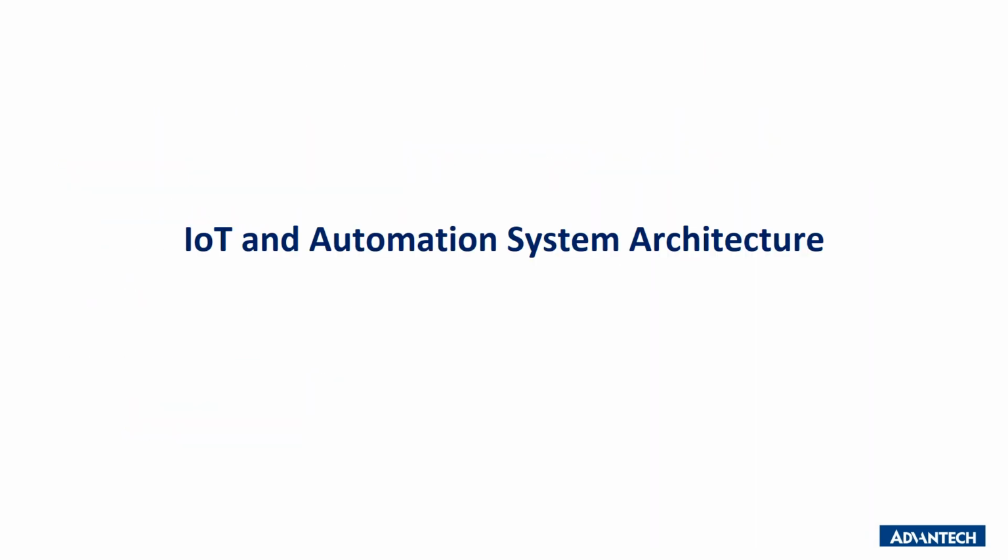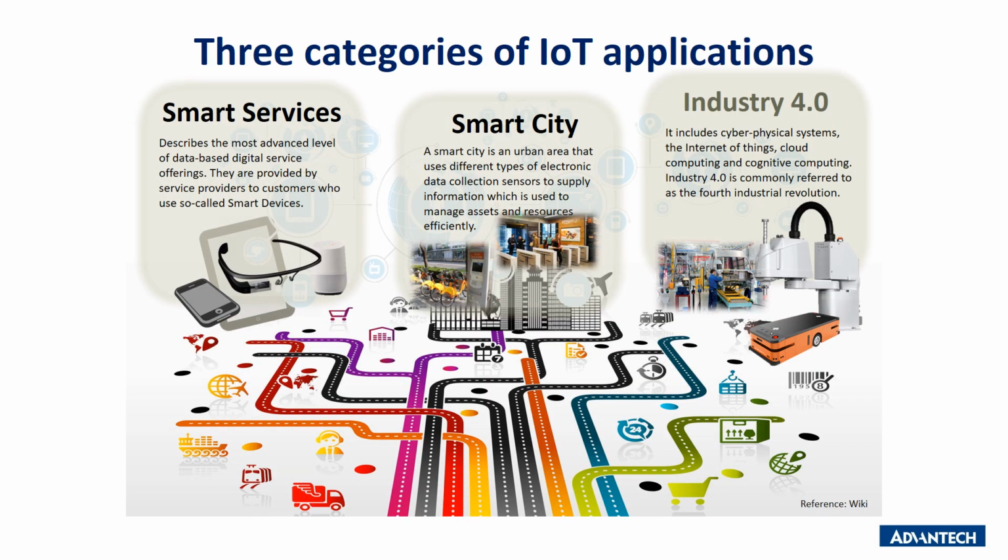Next, let's talk about the IoT and automation system architecture. There are three categories of IoT applications: Smart Service, Smart City, and Industry 4.0. Smart Service describes the most advanced level of database digital service offerings. They are provided by service providers to customers who use so-called smart devices.